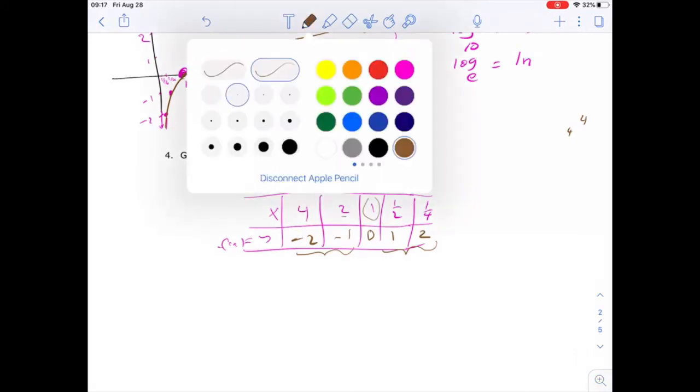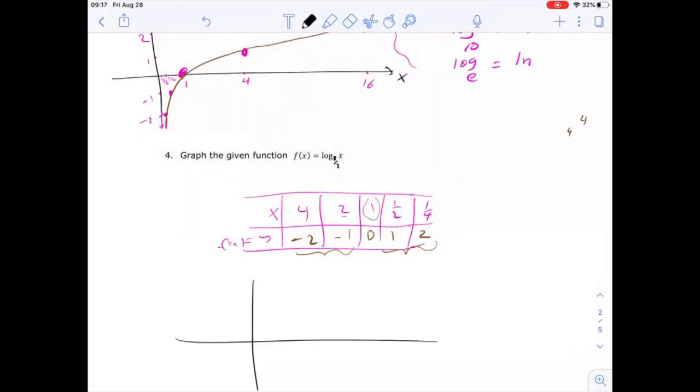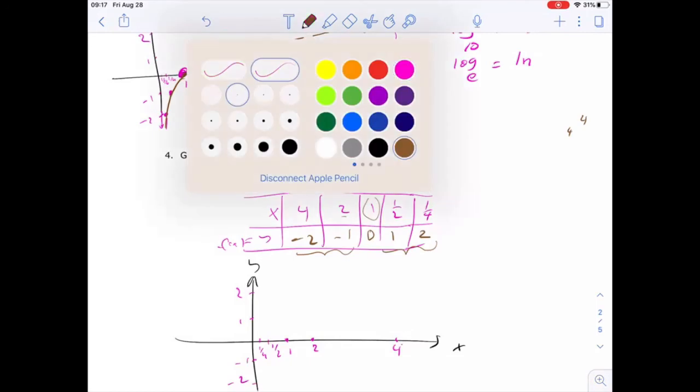Now we want to graph this function. This is x and this is y. Now we have the points 1, 2, and 4, and we have 1/2 and 1/4. So we have here 1 and 2, -1 and -2.